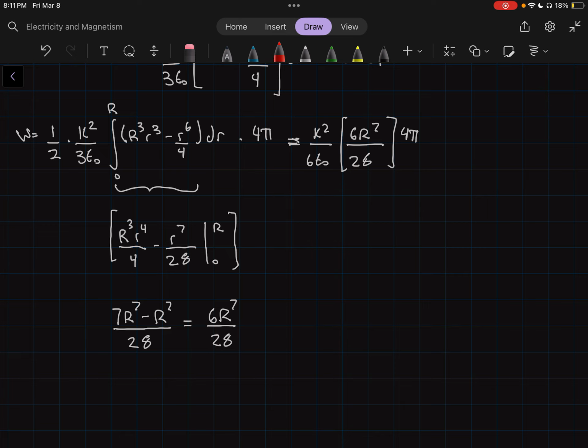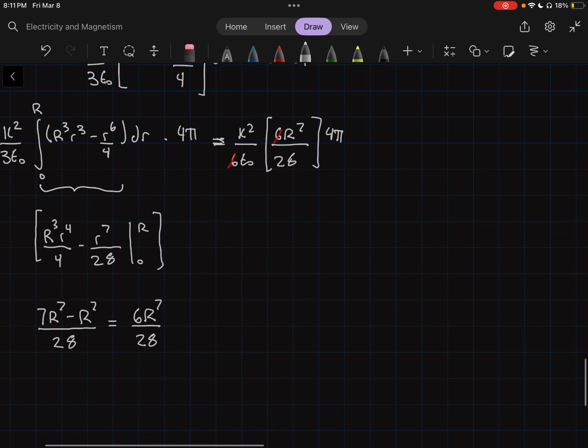Here we can see that the 6's will cancel, and the 4 and 28 will reduce to a fraction of 7, leaving you with pi k squared R to the 7th over 7 epsilon naught.